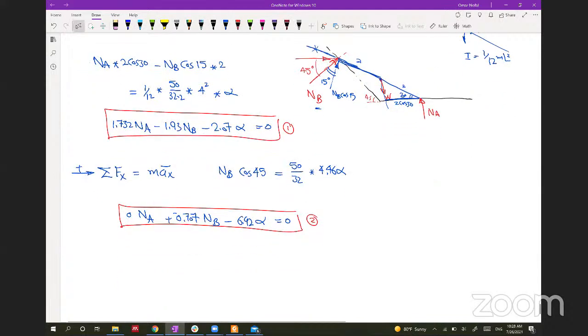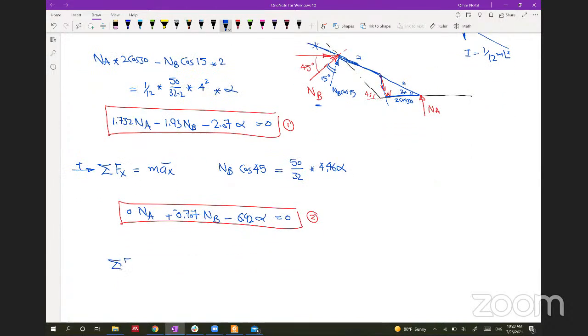So let's get the sum of the forces in the y direction. It will be m a y. And the forces in the y, we have the weight, we have a component NA, and we have a component from NB. So we will have NA, and let's assume the positive is going up, minus the weight, and the weight is 50 pounds. And we will have plus NB sine 45, and it's going up, this one.